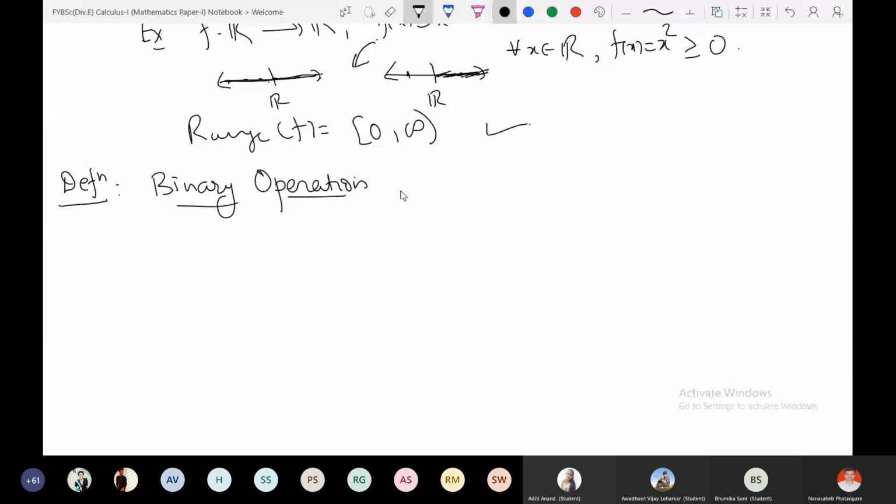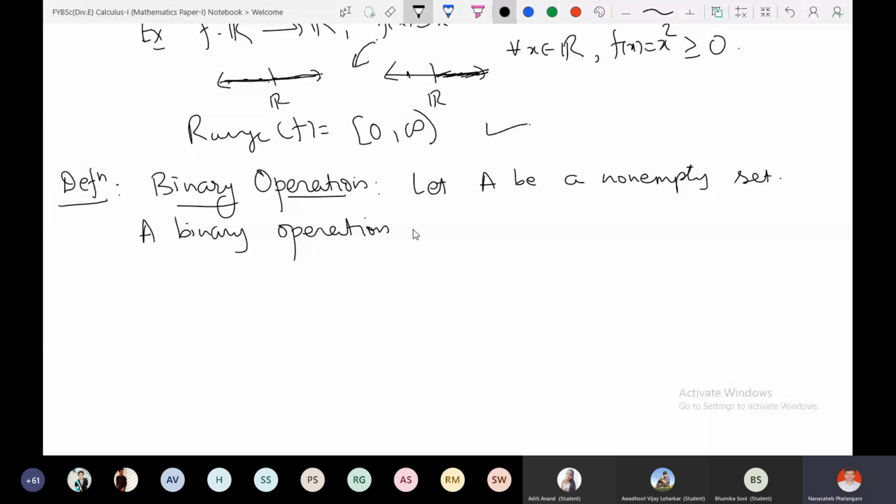Binary operation. Let A be a non-empty set. A binary operation, which I will denote by star for this instance, on A is a function star from A cross A to A. That's it.